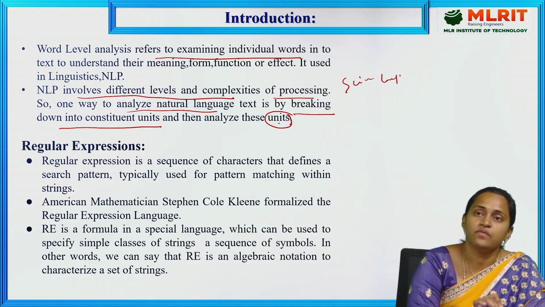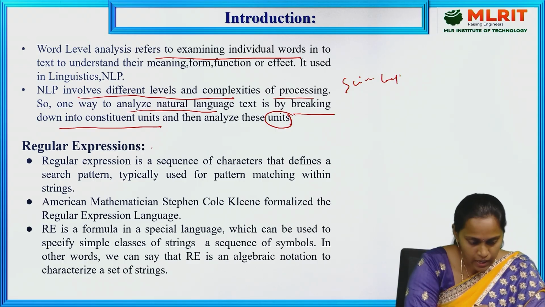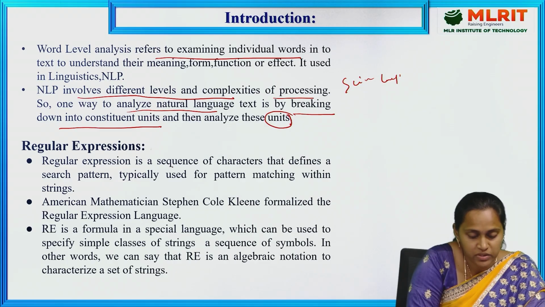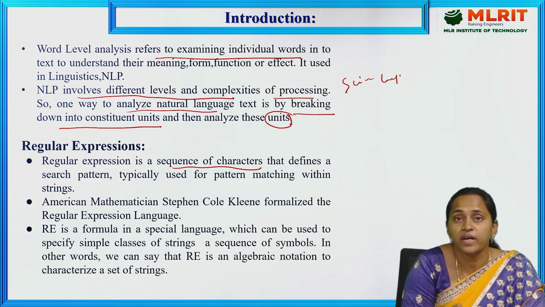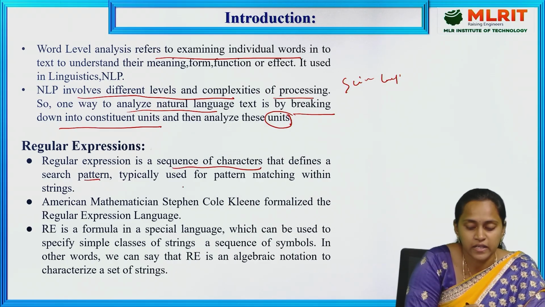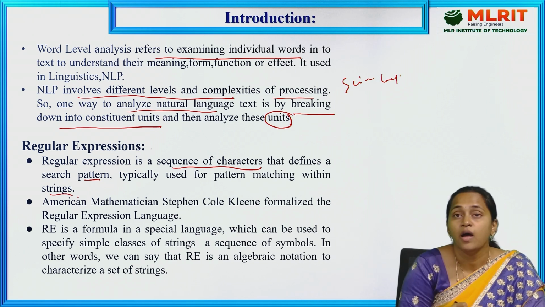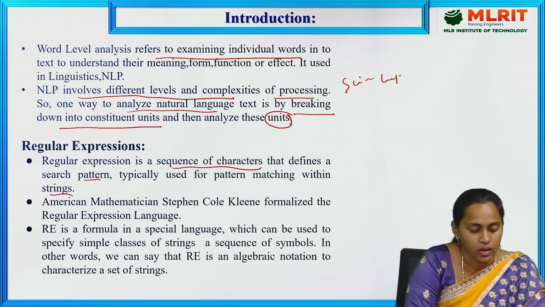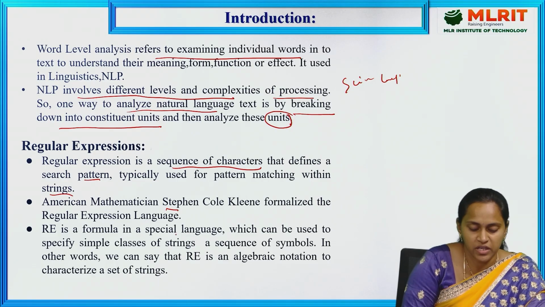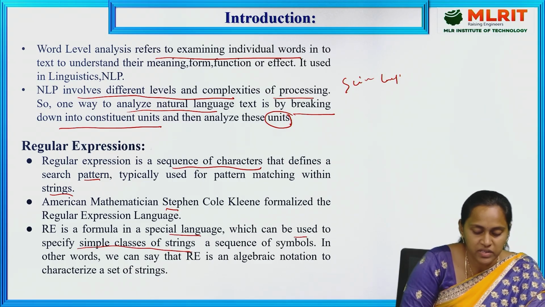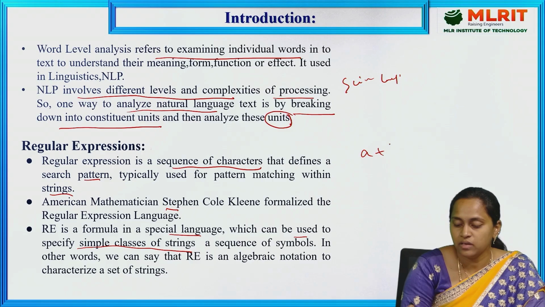So let's see what is the meaning of regular expression. It is a sequence of characters that defines a search pattern within strings. The American mathematician Stephen Kleene formalized the regular expression language. It is a formula in a special language which can be used to specify simple classes of strings, like a plus b or a star.